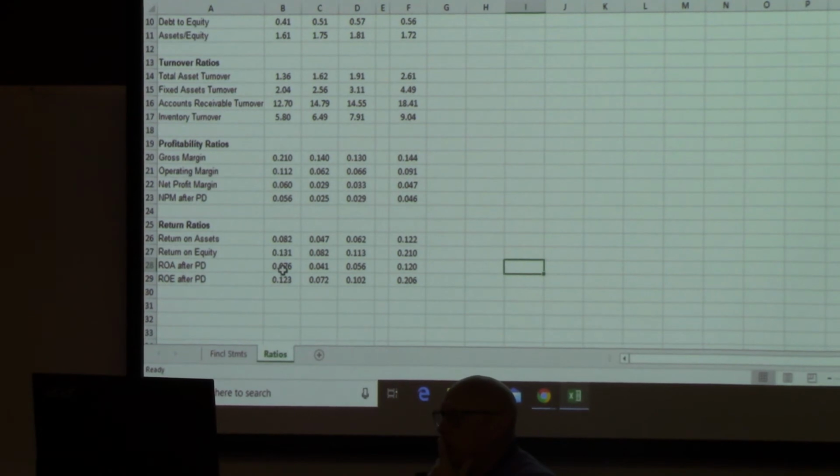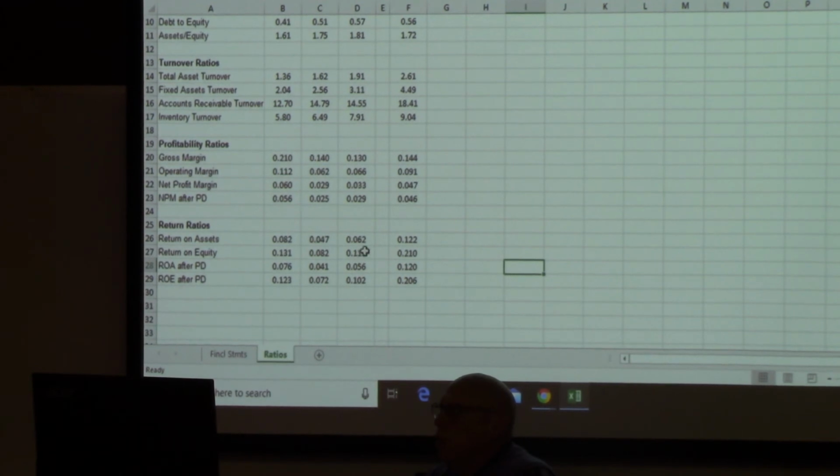After preferred dividends, it went down and came back up a little bit, went down and came back up. So we know what happened. We know the company spent a bunch of money on net fixed assets, inventory, and accounts receivable, and that has hit their returns.